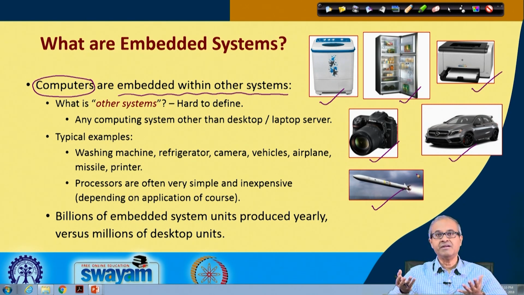There are fairly powerful computing systems or devices inside them. Of course, the power of these computing systems depends on the specific applications. For some applications you do not need too much computation power, but for a system like a missile, a lot of computations need to take place in real time.